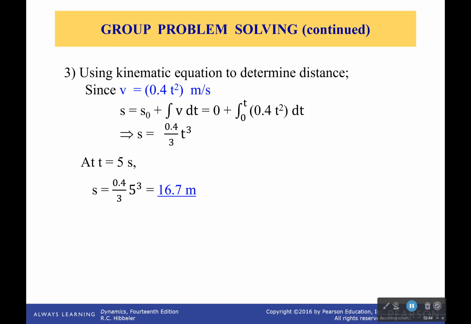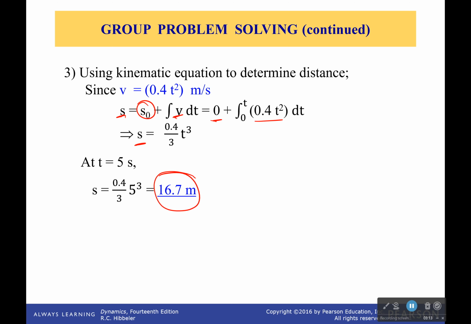We also know that if we have our initial position, we can take the integral of velocity with respect to time to get our final position. Or if we wanted to, we could just say the change in displacement. Lots of ways we can do it. So we plug this in, knowing that it starts at 0, and we have this equation. And then our position will be simply 0.4 over 3 t cubed. We plug in 5 seconds, well that's 16.7 meters it's traveled.